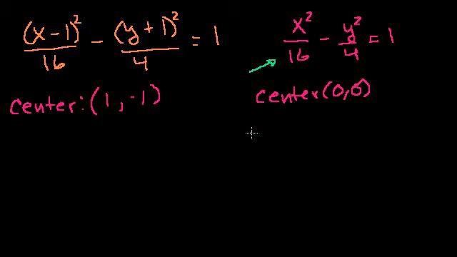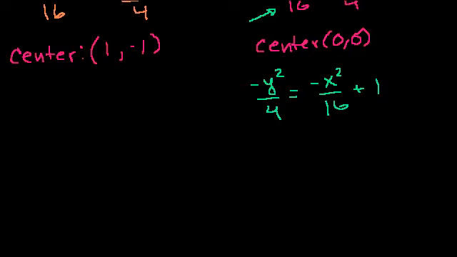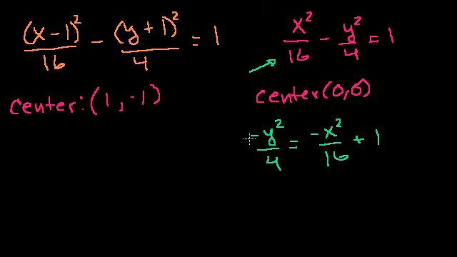So we get minus y squared over 4, subtracting x squared over 16 from both sides, is equal to minus x squared over 16 plus 1. I'm working on this hyperbola right here, not this one, and then I'm just going to shift it later.